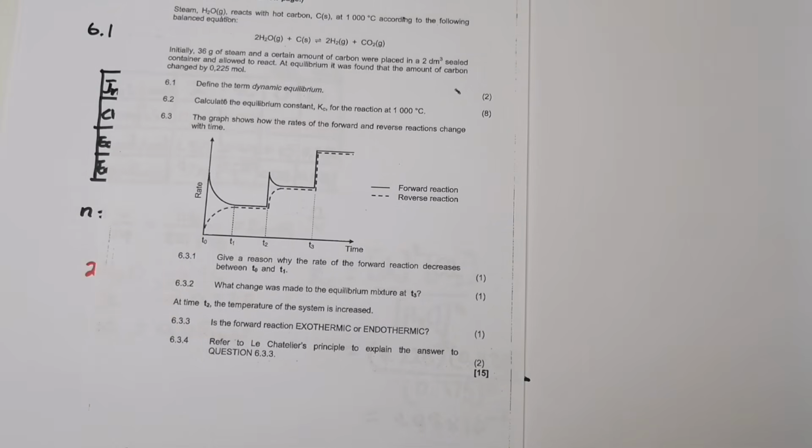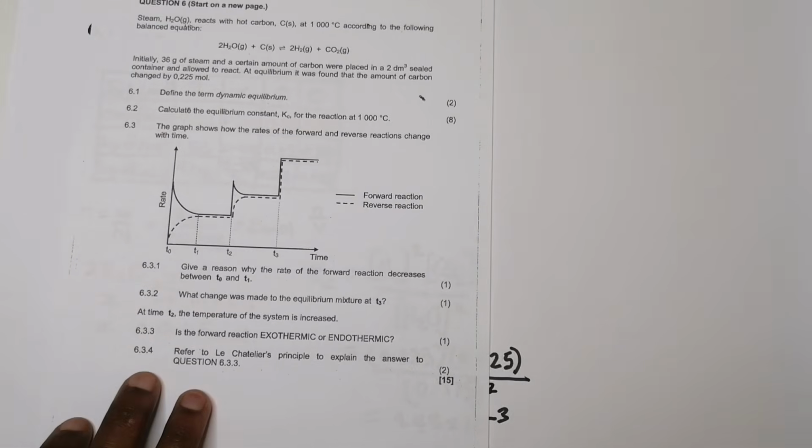For the forward reaction to take place, what are you doing to the reactants? The reactants are getting smaller and smaller, right? The amount of the reactants is decreasing. So as the reaction proceeds and you decrease the amount of reactants, the rate of reaction would slow down.